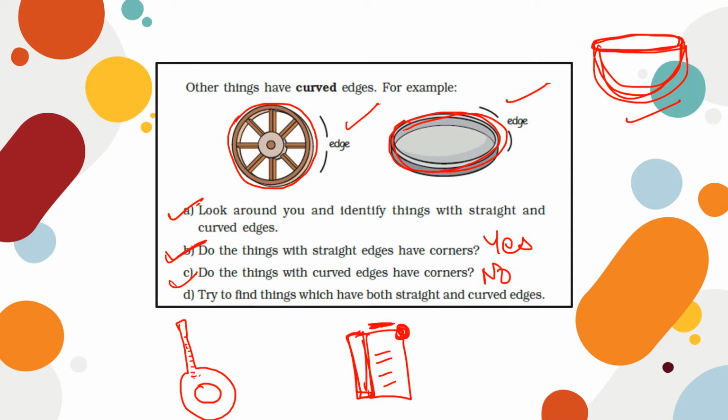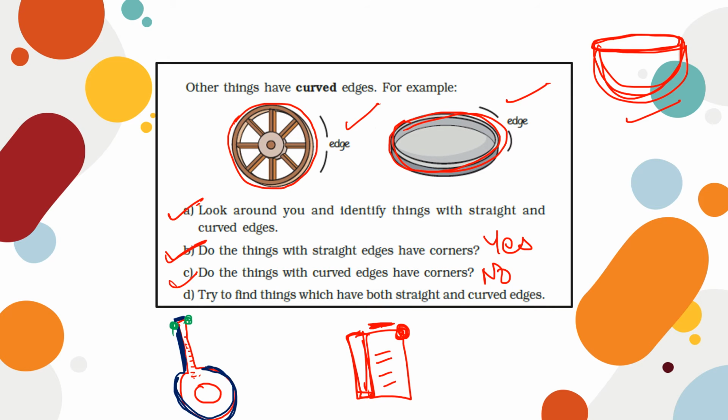Here we have a curved edge. Okay, this is the curved edge. This is the straight edge. This is also the straight edge. And here, one, two other corners. Am I clear? So, find more examples like this, like car, bicycle, aeroplane. Okay, try drawing those and observing.